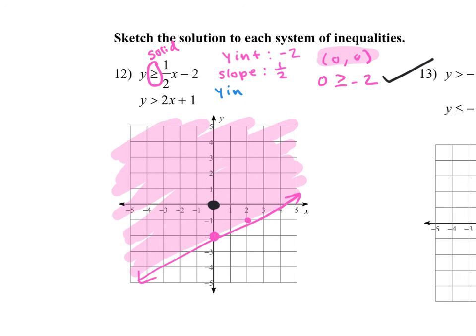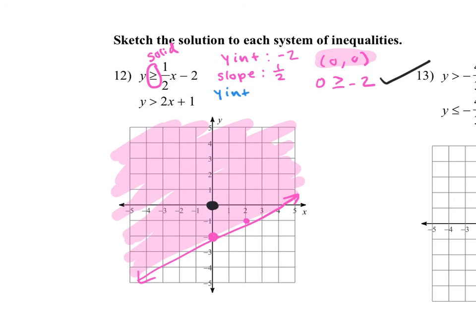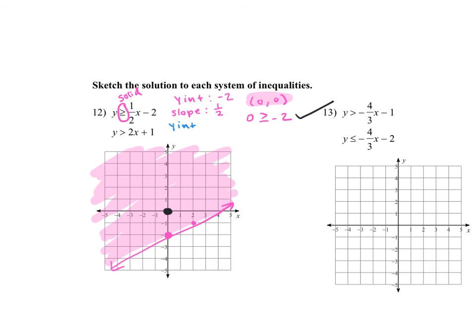What's our y-intercept? 1. So we put a dot at 1. What is our slope? Perfect. 2 over 1, so we can see our rise and our run.